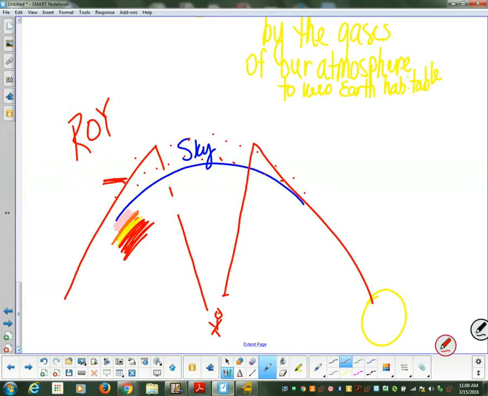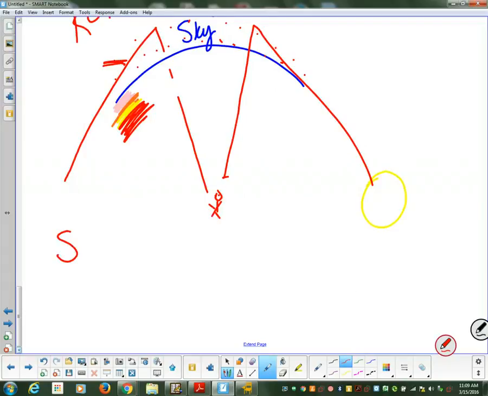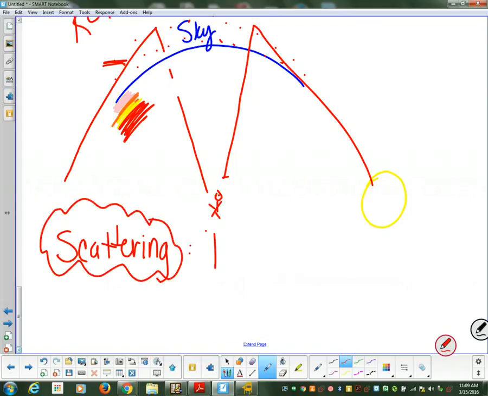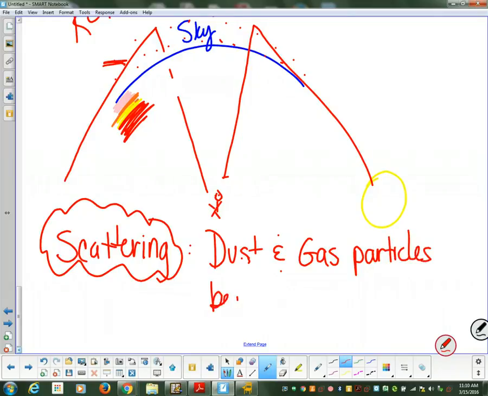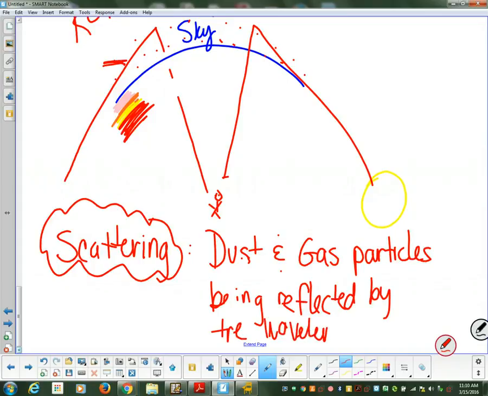This process is known as scattering. Scattering is dust and gas particles being reflected by the wavelength of the sun.